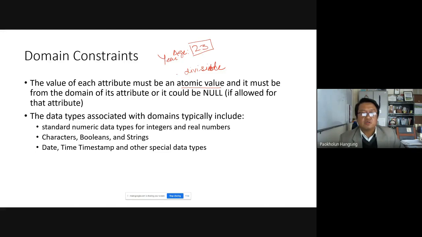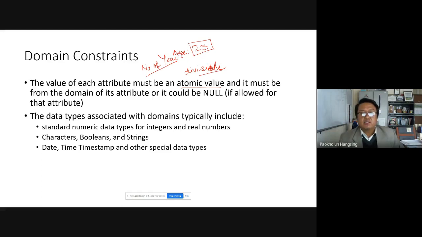So the attribute value must be non-divisible, an atomic value. And it must be from the domain of its attribute, or it could be null, wherever null is allowed. That means that if age is defined as a number of years in this case, then we specify this.